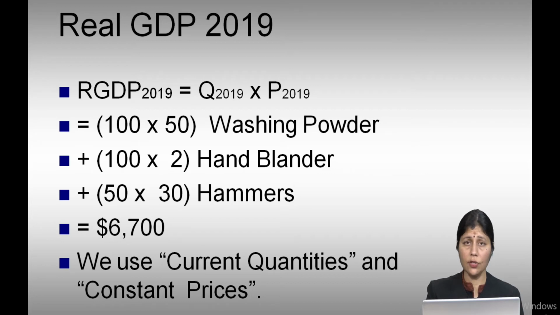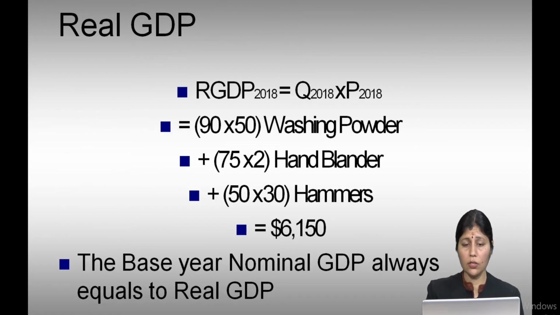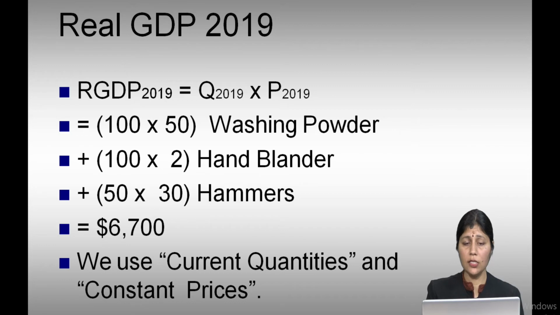The quantity has already changed across the years, because in 2018 only 90 packs of washing powder were manufactured with a price of 50 each, but in 2019 the quantity has changed. Now 100 packets are going to be manufactured in the economy, with each packet having a price of 50.